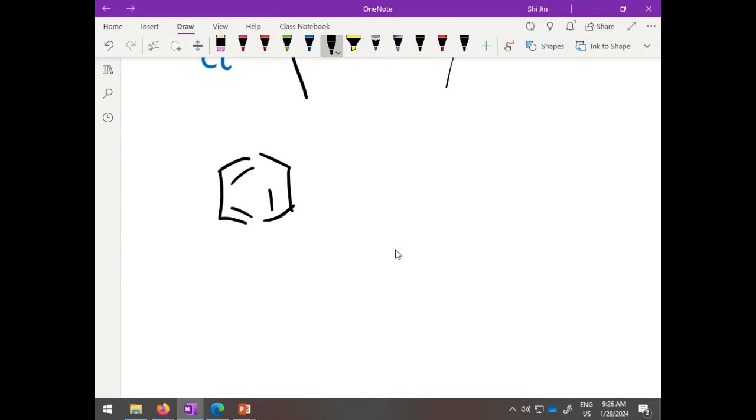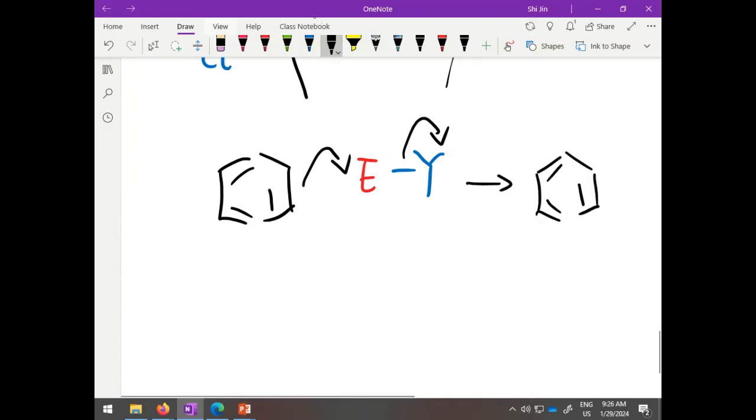So benzene, you have the EY, and you place E here plus Y minus. That is the rate limiting step.